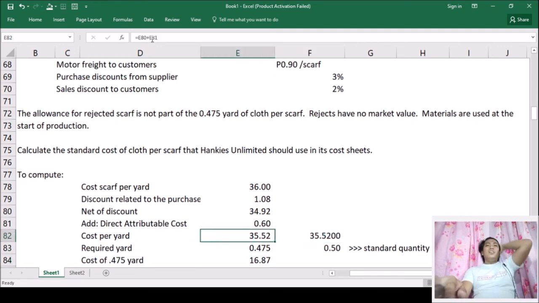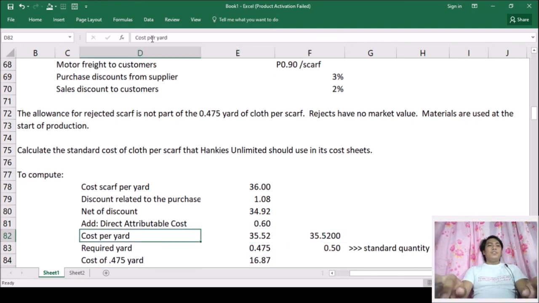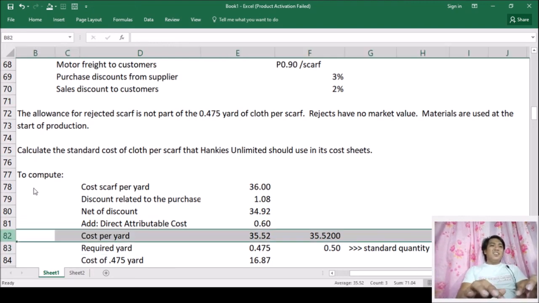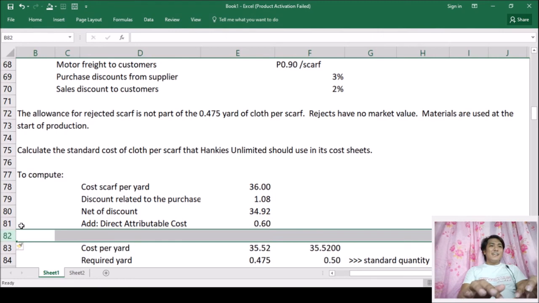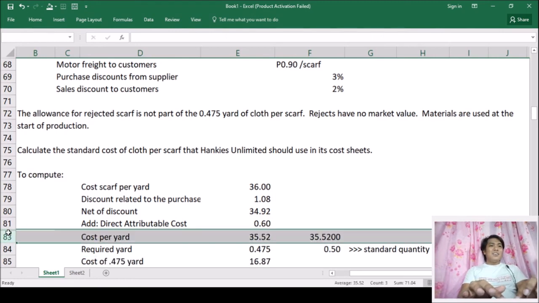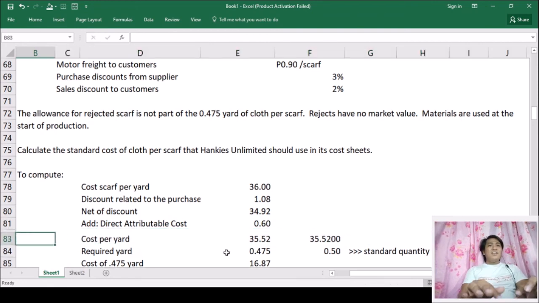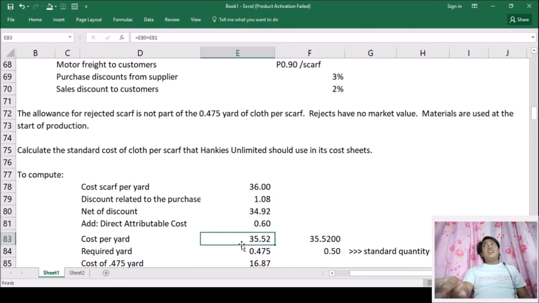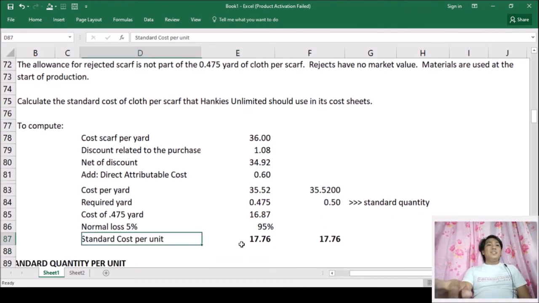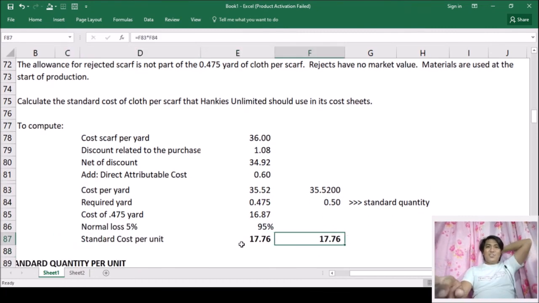Okay? 35.52. I prepared two ways of computing, no? Any of the two computations are acceptable if you want to determine the standard cost per unit. Ito 'yon, no?